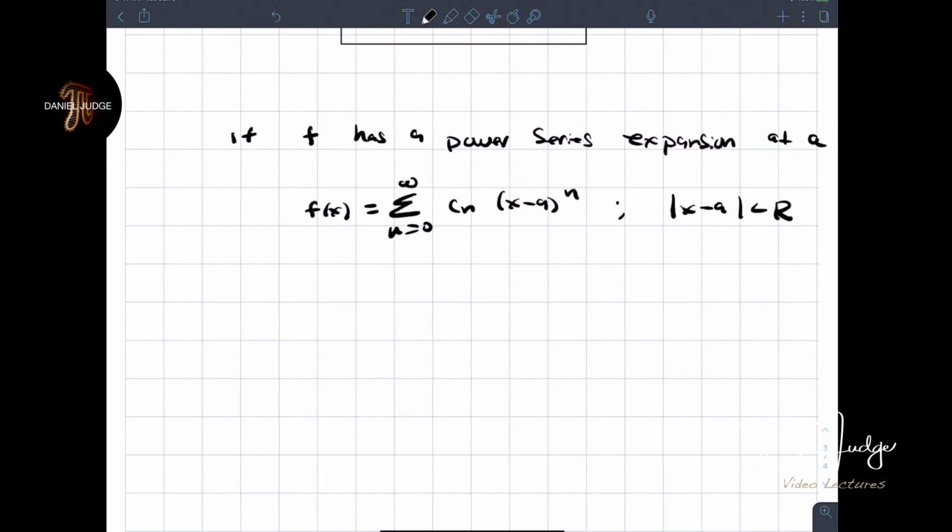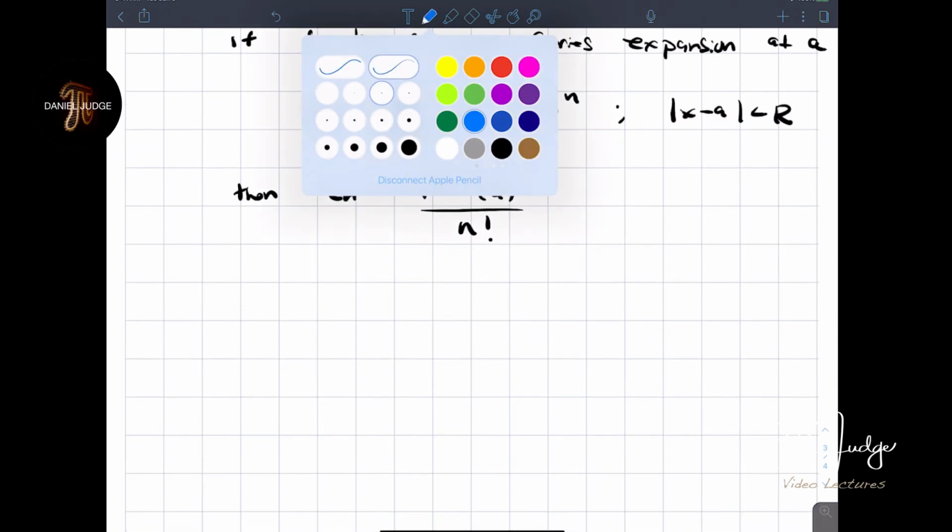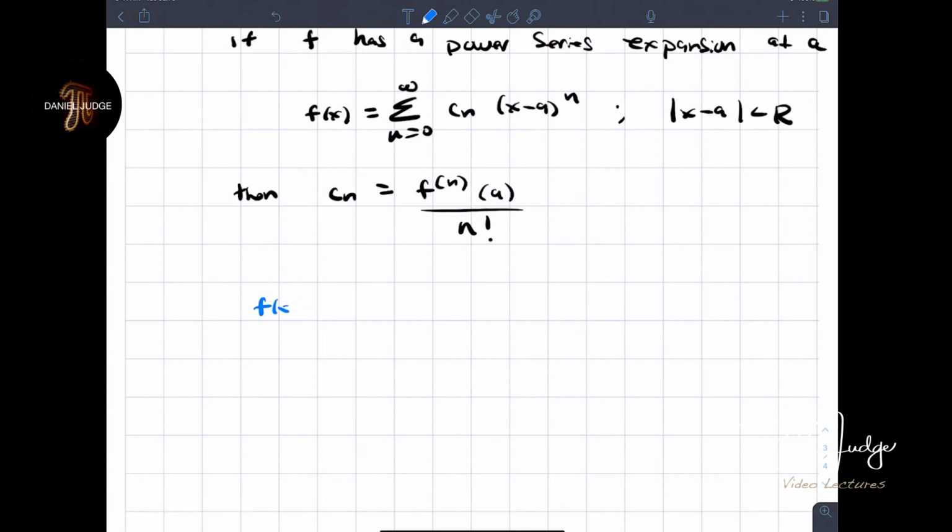So if we have a power series expansion, then the coefficients Cn are described as the nth derivative evaluated at a over n factorial. So in short, you might say, can we simply replace this? And the answer is yes. And here's what I mean by replace. Can we replace what you see here as constants with this Cn?